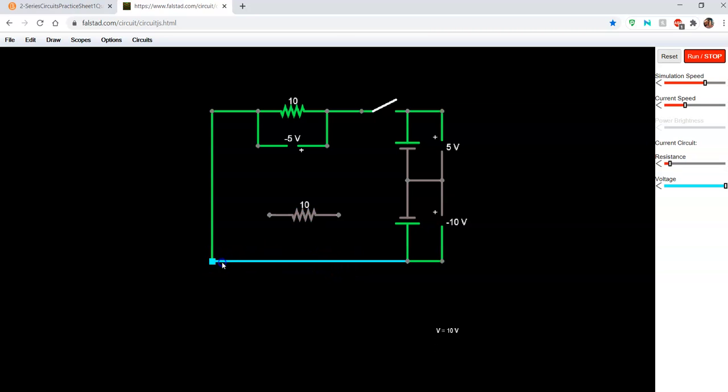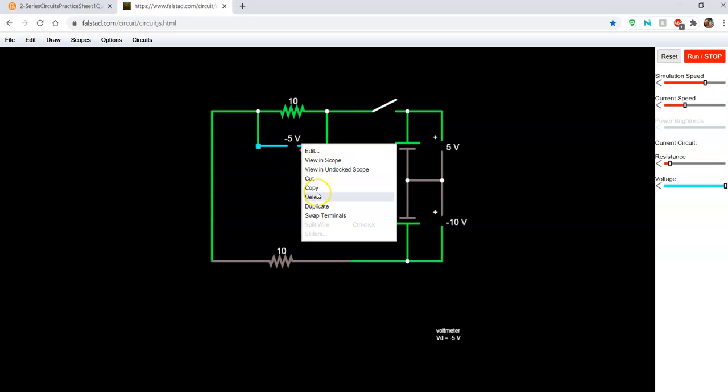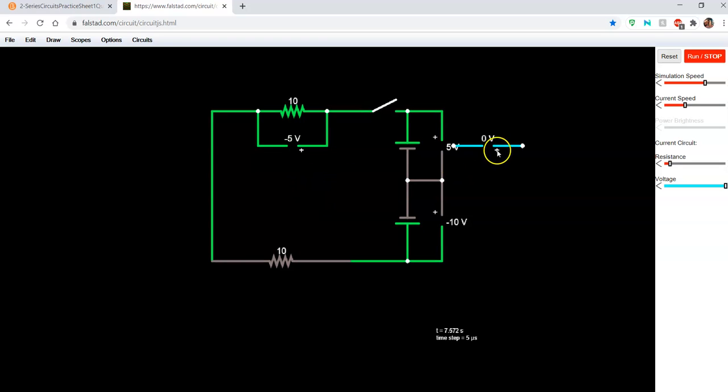I'm going to be adding another resistor right here, another 10 ohm resistor, and I'm going to be adding another voltmeter that I'm going to connect right there. Let's put some wires to it. One wire here, the other one there. And now let's see what happens.